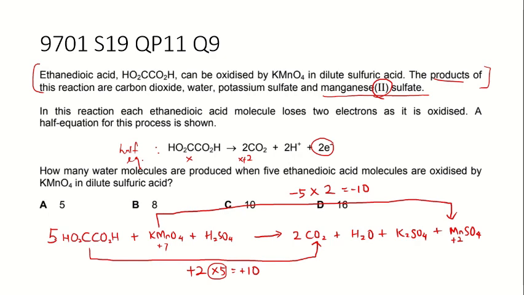Remember, if this is multiplied by a number, this 2 must be multiplied by that same number, so here it becomes 10. Now we do the same for the manganese-containing species, so this is multiplied by 2. Let me put a 2 in front of KMnO4 and also in front of manganese 2 sulfate. Now we have balanced the electrons.